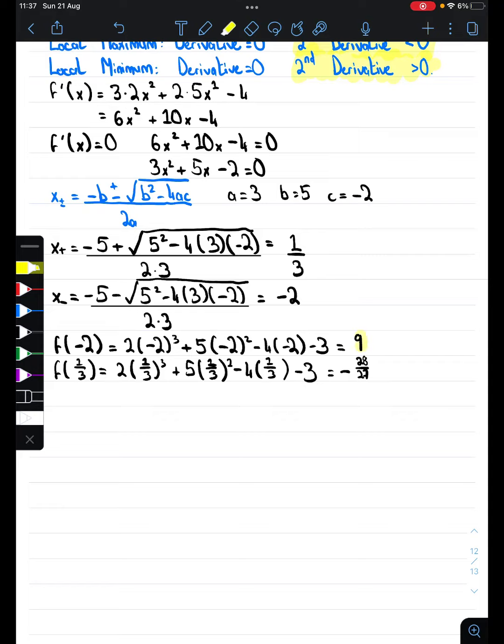So clearly this is our maximum and this is our minimum.